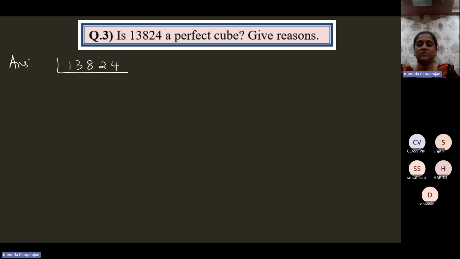Done with the prime factorization? No, ma'am. Okay. No hurry. Do it correctly.